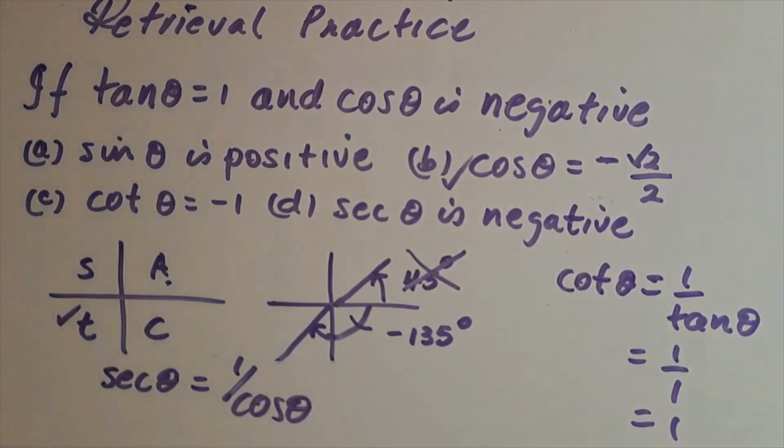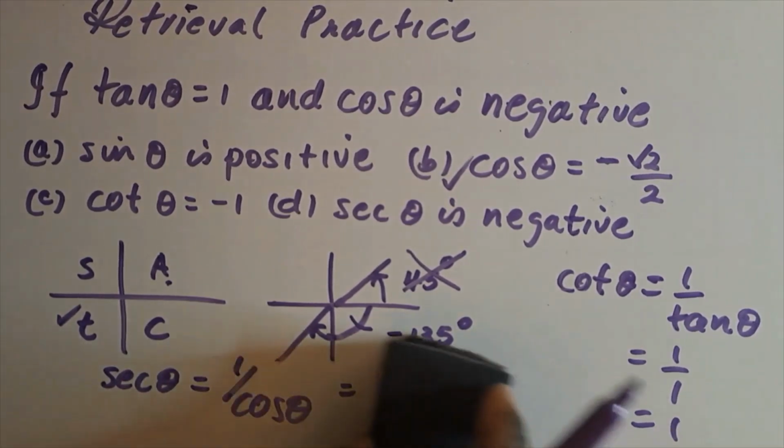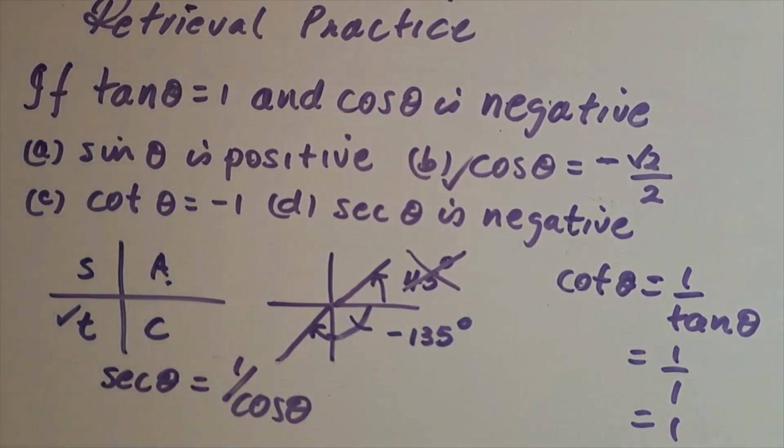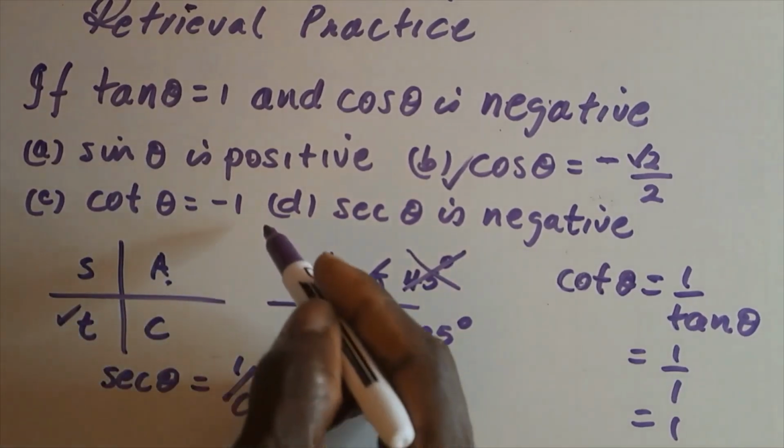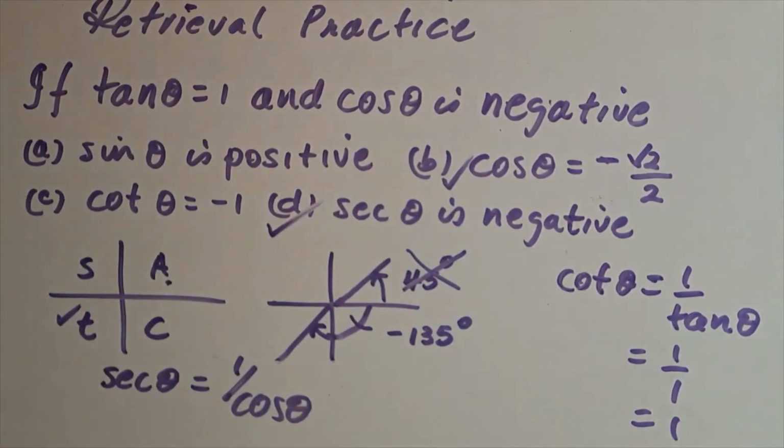And we've confirmed that cosine theta is negative, so its reciprocal will be negative. This will be equal to 1 over some negative value, which will make it negative. So option D is also correct.